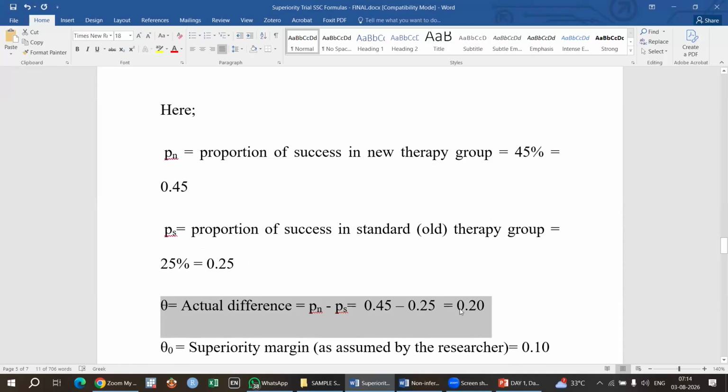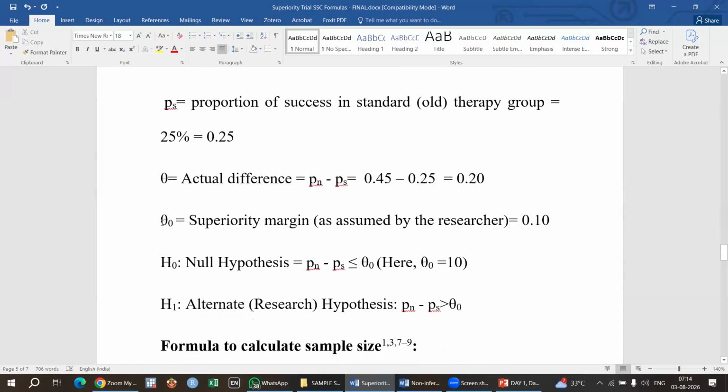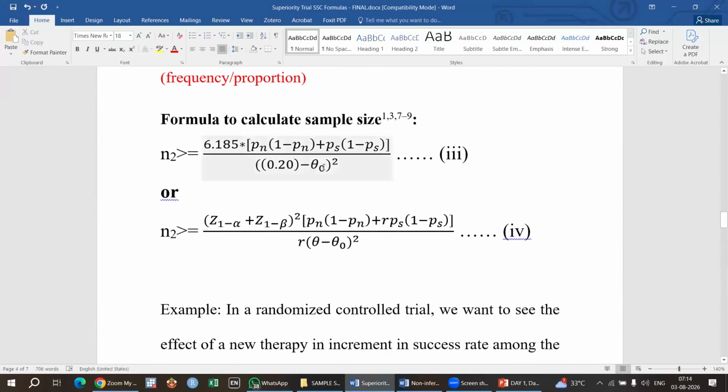That is theta. Then we have taken the superiority margin as 0.10, so we write 0.10 there.